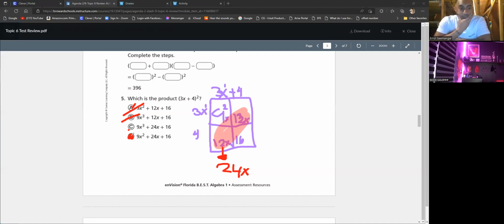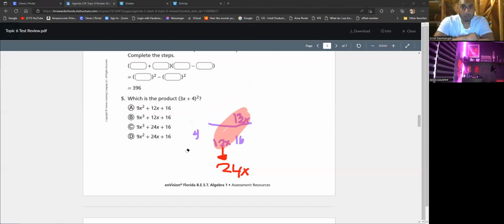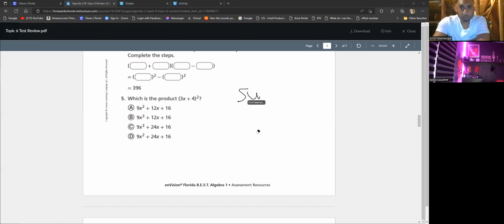All right, next one. So anytime I see product, I'm automatically multiplying. Product, multiplication; difference, subtraction; sum, addition; and what's division? So remember these key things. Sum, that's addition. Difference, that's subtraction.